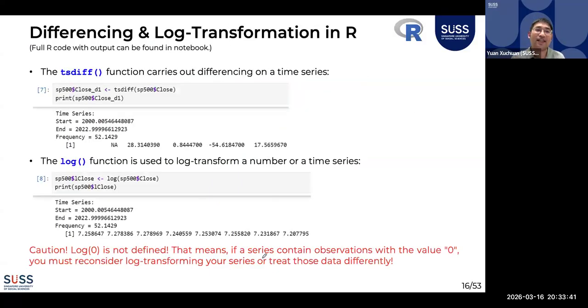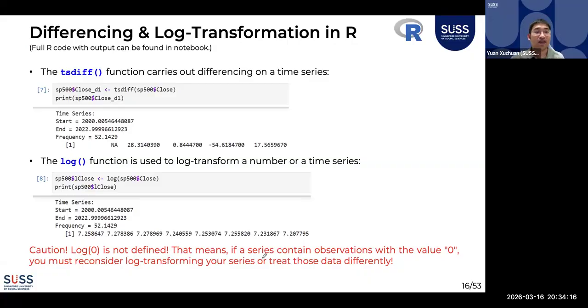So basically, the idea is that we can use the difference to remove the trend, remove the seasonality, and reduce the variability, remove the maybe heterogeneous variance in your time series, and you use log transformation. So with these different methods, we want to have a stationary time series so that we can fit an AR model, MA model, or ARMA model.